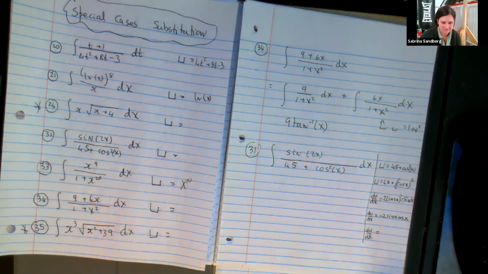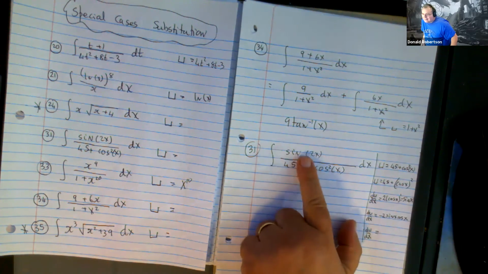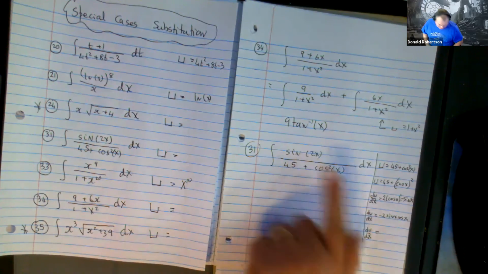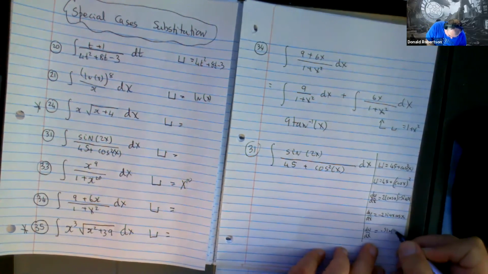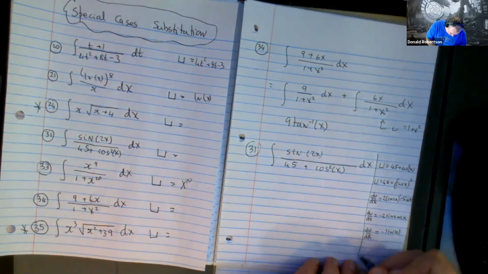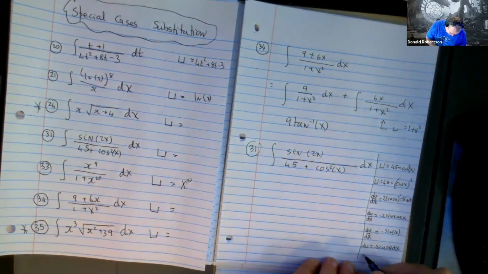Sine 2x. And does it surprise you that it's a sine of 2x? So negative the sine of 2x. So when I do my crossover, du is negative the sine of 2x dx. And when I divide everybody, we get that.